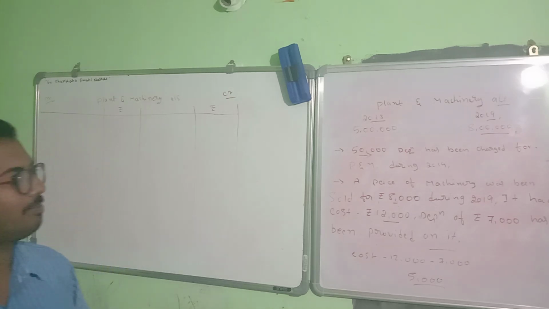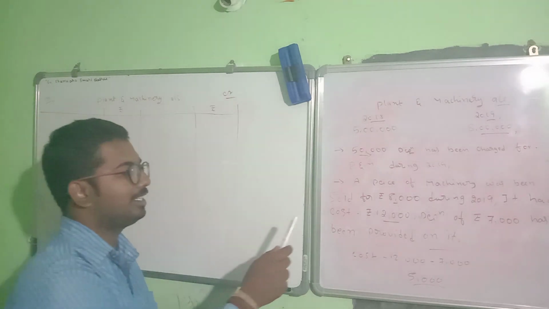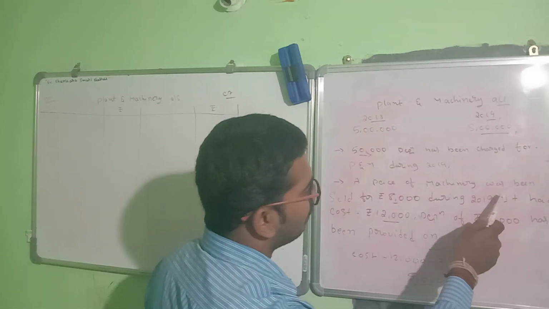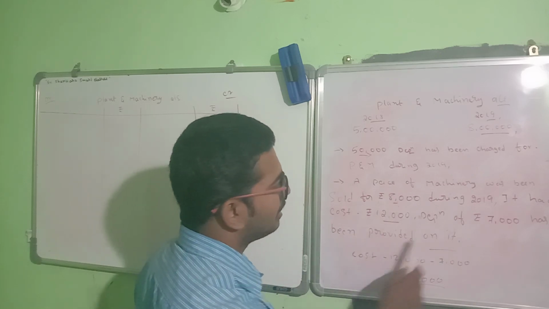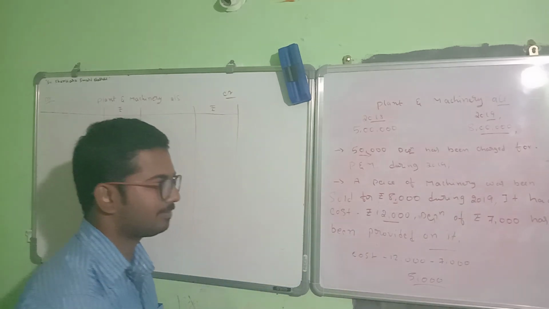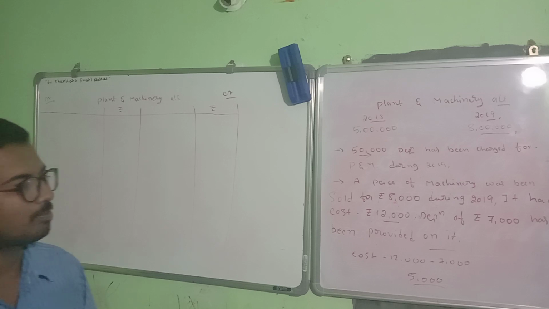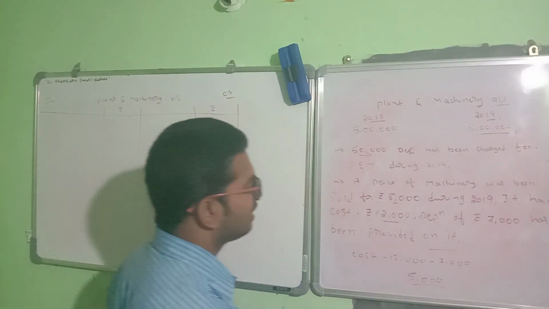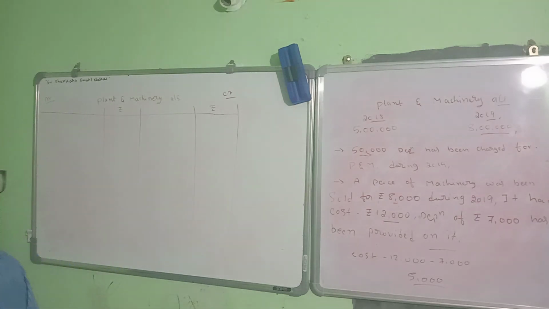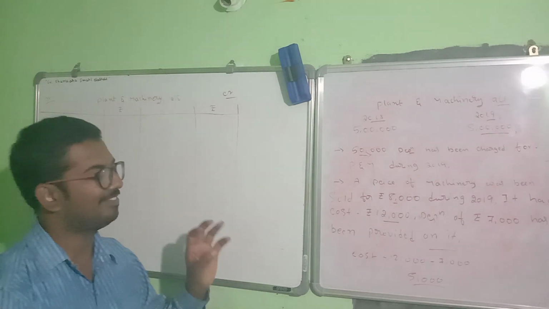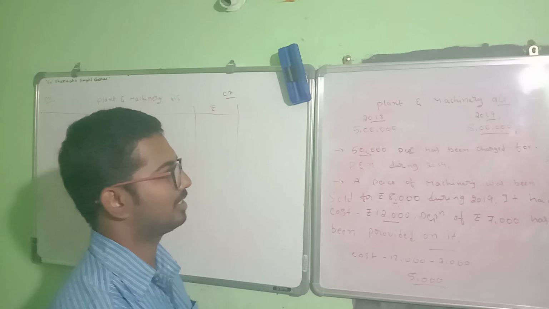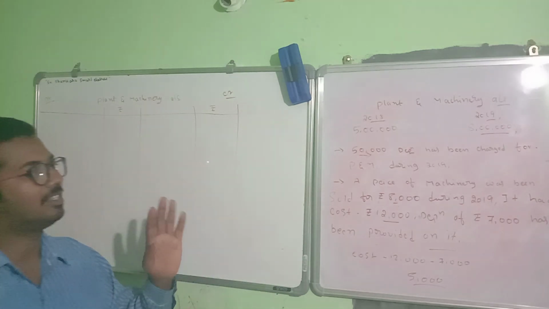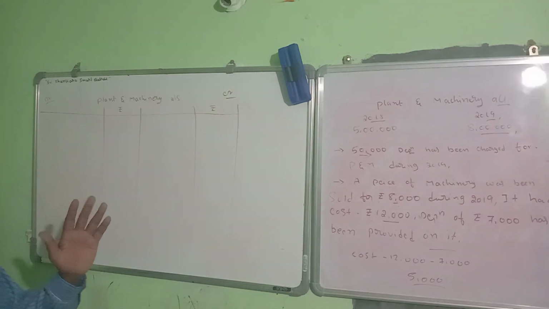That is the overall depreciation they have given. And a piece of machinery was sold for rupees 8,000 in 2019. It had cost rupees 12,000. On that, depreciation of 7,000 has been provided. So from the given information, we have to identify the transactions first. Then we have to post under the debit side and credit side.